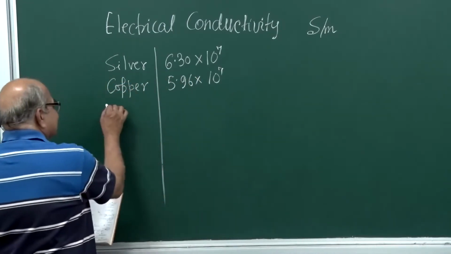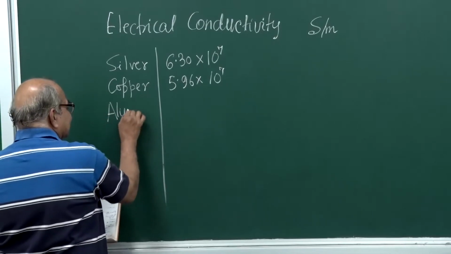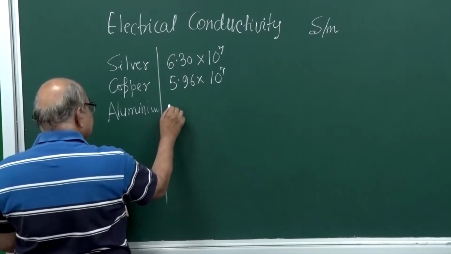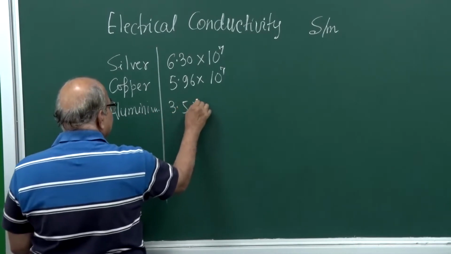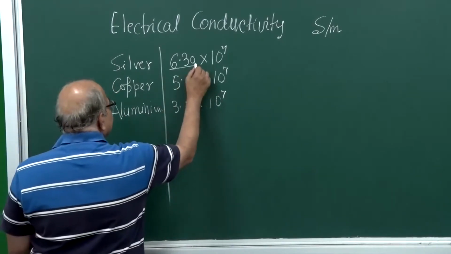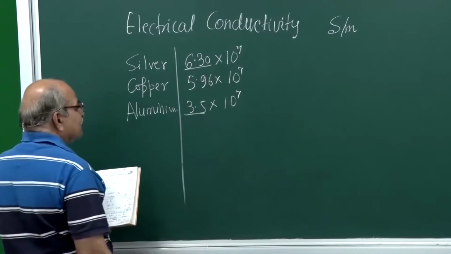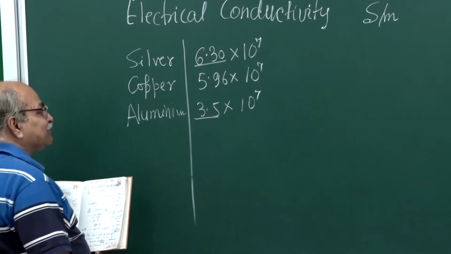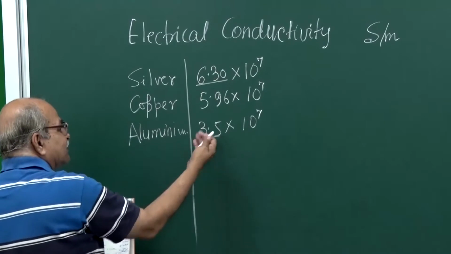Then you have aluminium. Aluminium, the conductivity is 3.5 times 10 to the power 7. So this is 6.30, this is 3.5. Aluminium is not that costly, but yes, the conductivity is lower.